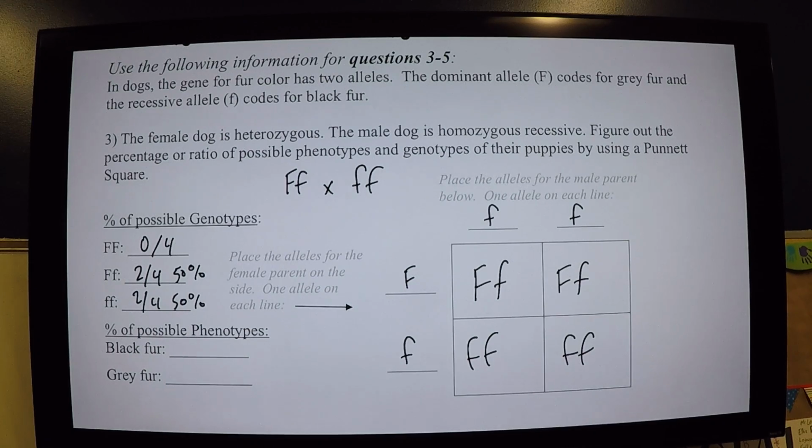For phenotypes, we're looking at the letters here. The dominant allele, F, is for gray, so there are 2 out of 4 with gray, and then 2 out of 4 for black. So that's how you would solve that, answering both, listing out the genotypes and the phenotypes after having solved the Punnett square.